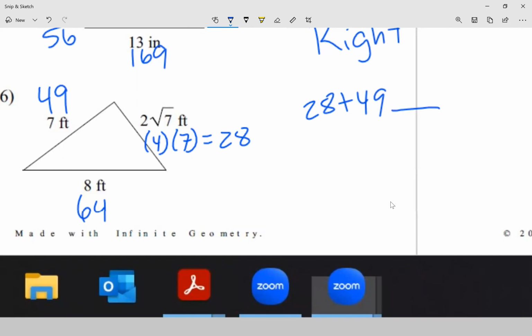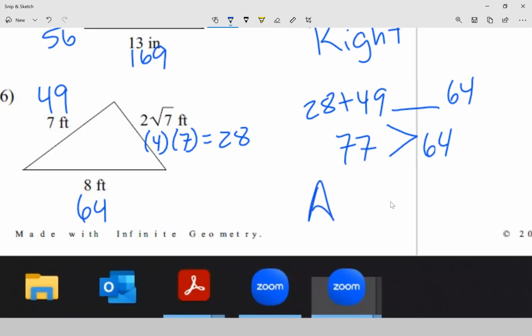Let me leave a space, 64. 28 plus 49 is 77. Okay, so it's not a right triangle, right? I don't get an equal sign. 77 is bigger than 64. So according to our formula, this is acute.